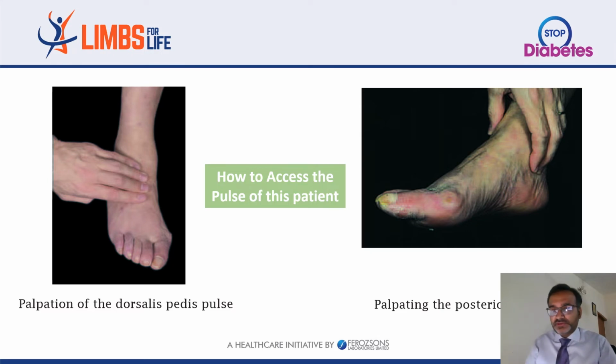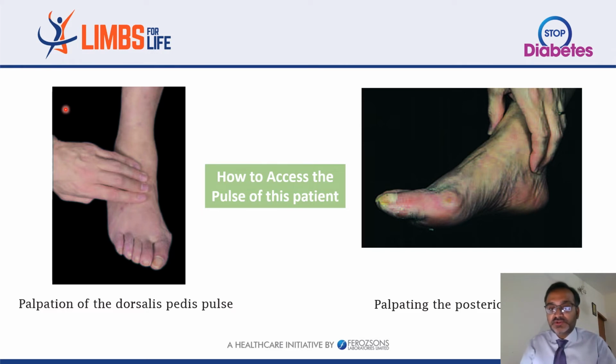The dorsalis pedis artery is palpable on the dorsum of the foot in the first intermetatarsal space, just lateral to the extensor tendon of the big toe, the extensor hallucis longus. This is how you palpate the dorsalis pedis artery.